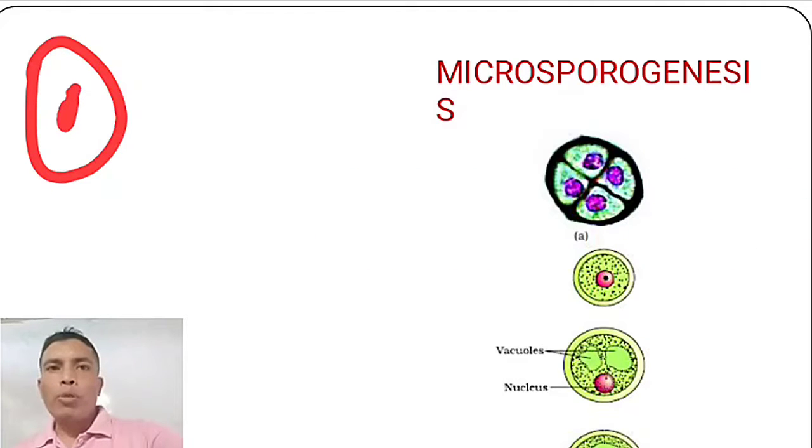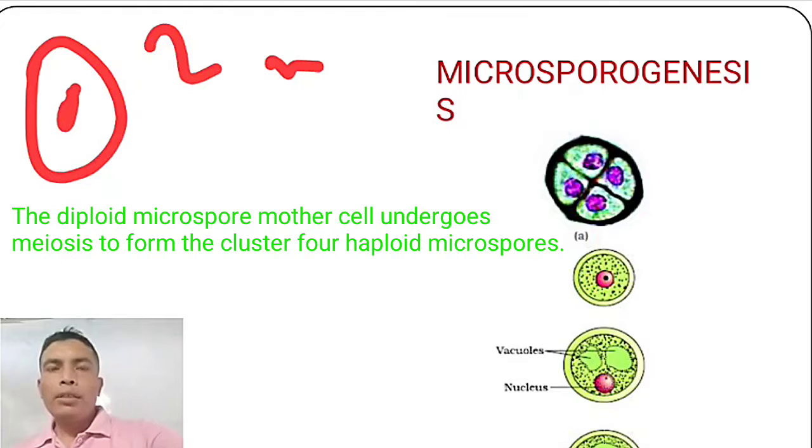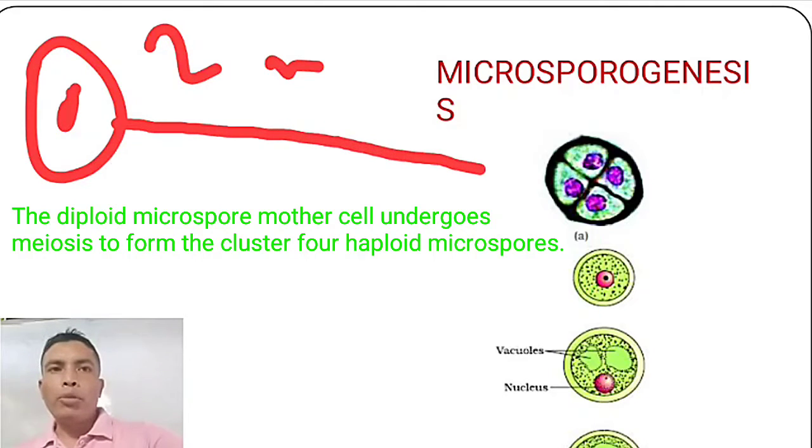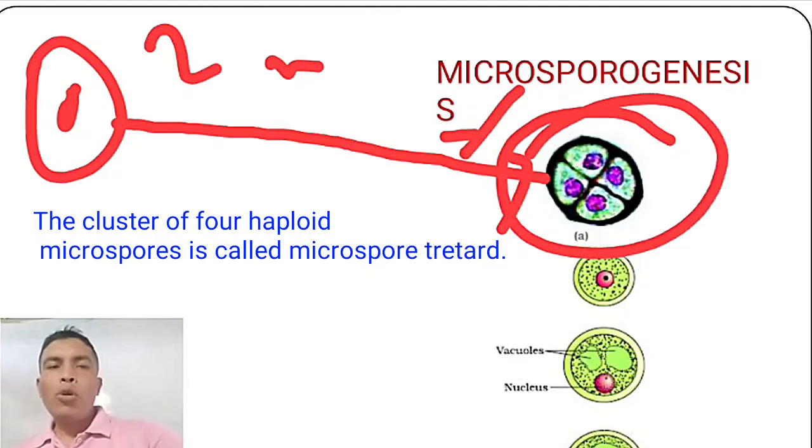Suppose this is a microspore mother cell. The microspore mother cell is diploid, you know. It will undergo meiosis to form a cluster of 4 haploid microspores. This process is called microsporogenesis, right? So this cluster of 4 haploid microspores is called a microspore tetrad, right?